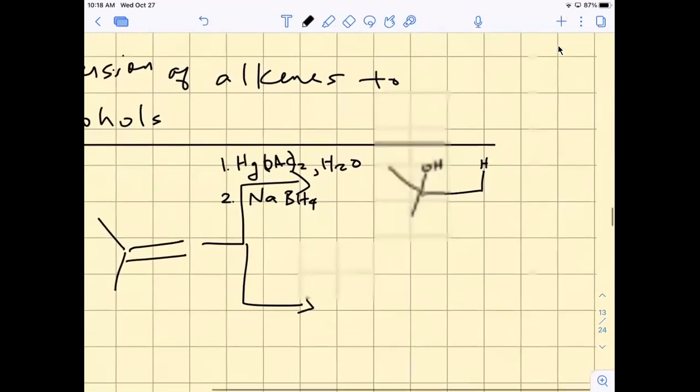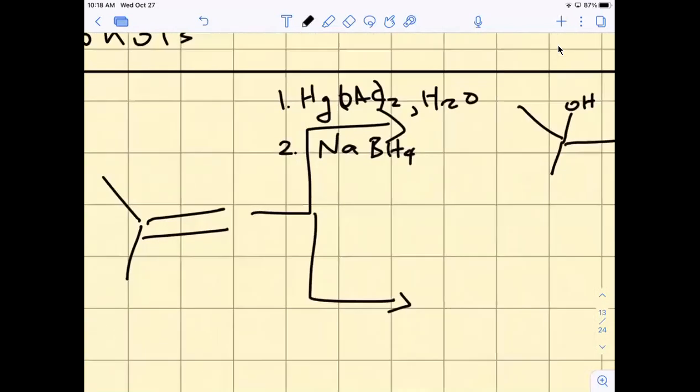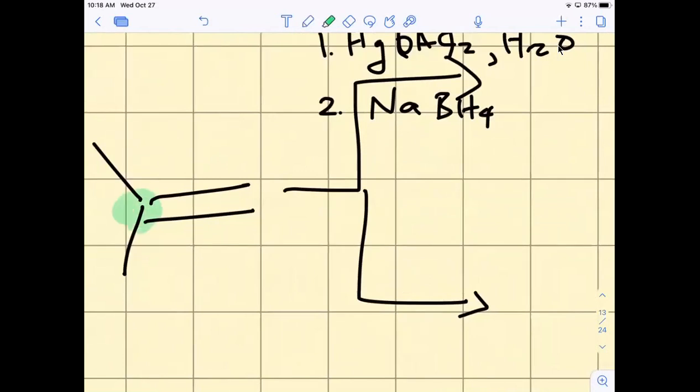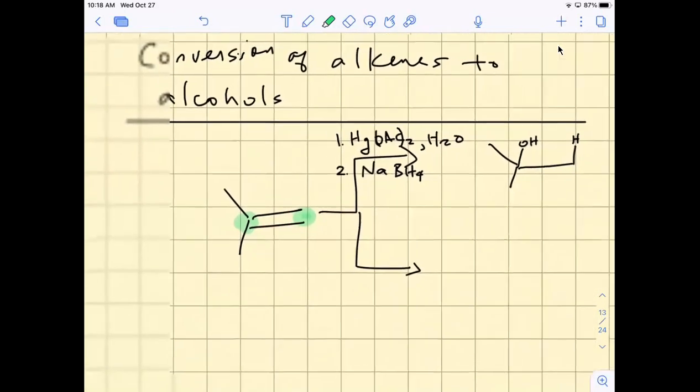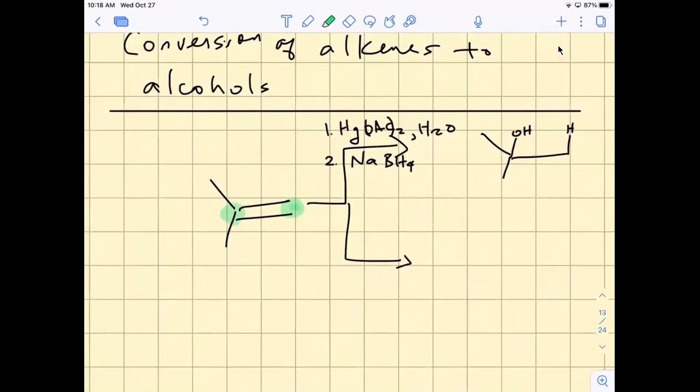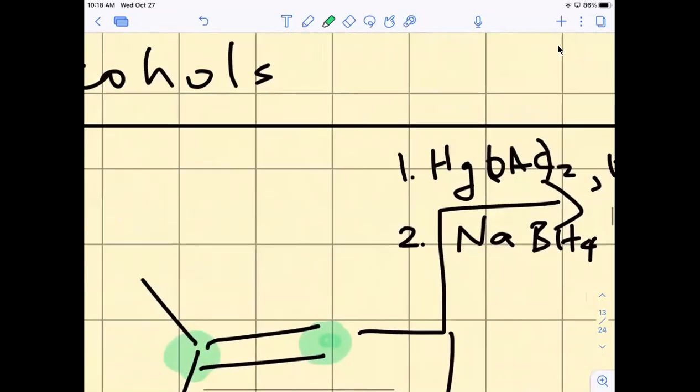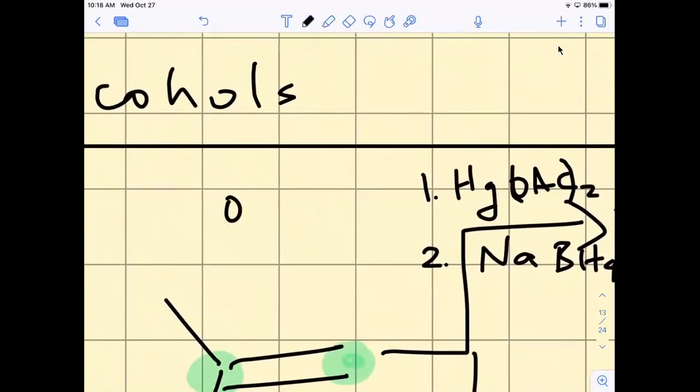Right? That's Markovnikov addition. Everybody agree that this carbon in the double bond is more substituted than this one. That's all we're looking at. When we're talking about reactions of alkenes, all we care about is the alkene that's reacting. So that's going to be the product from that. And this is oxymercuration.